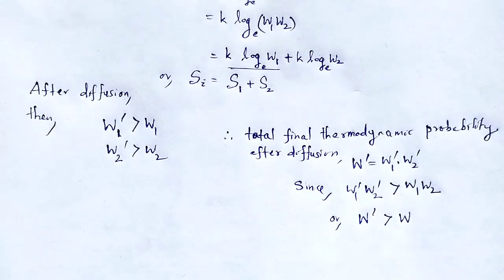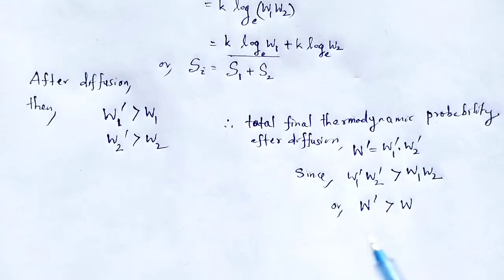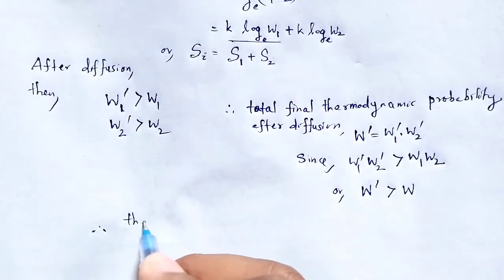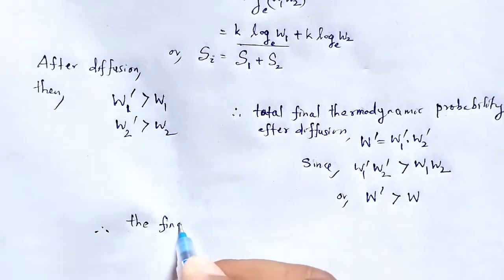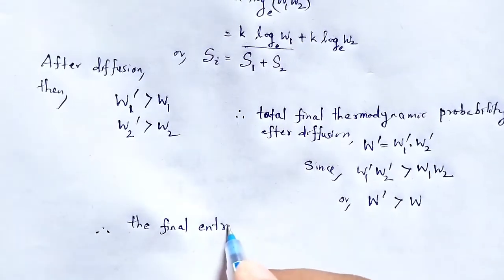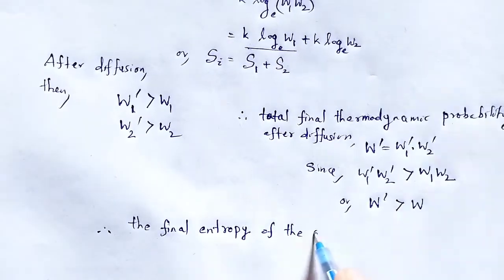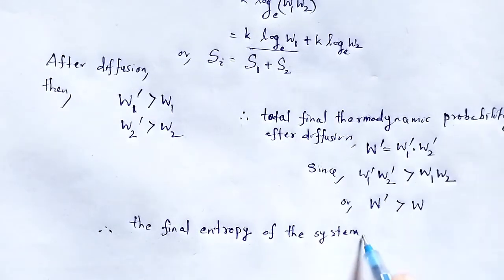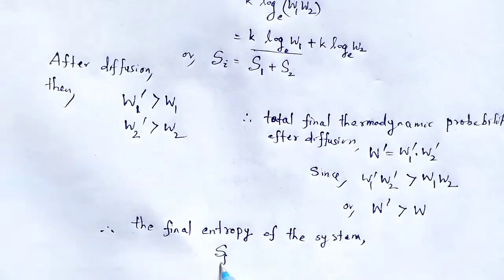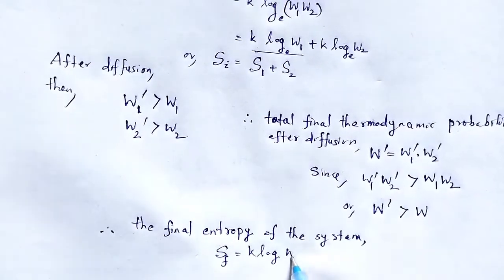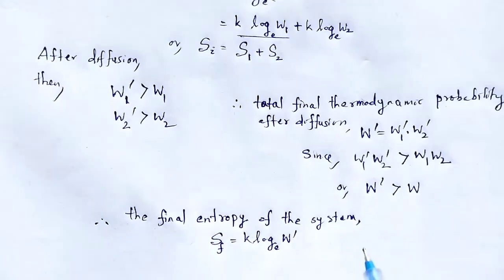Therefore the final entropy of the system, SF, is K log W dash base e.